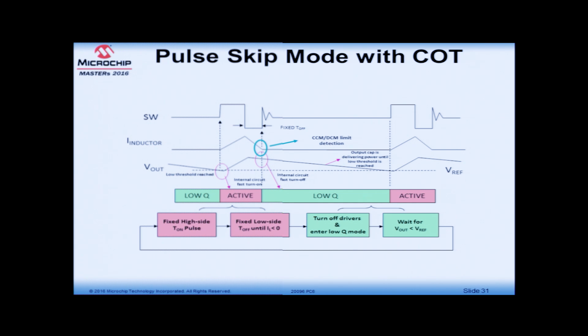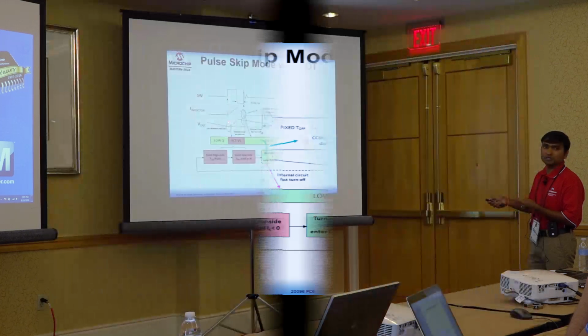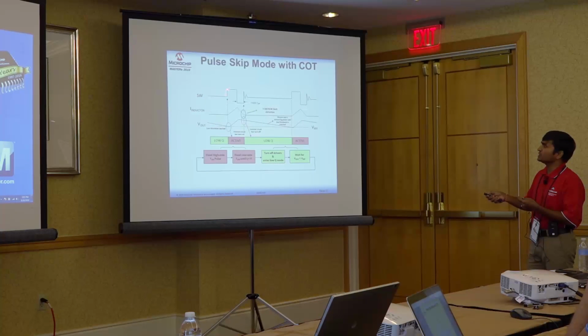So, in the pulse skip mode, when the output voltage falls below the reference voltage, it initiates a pulse at the switch node by turning on the high side, and after the T on is done, you turn off the high side and turn on the low side FET.